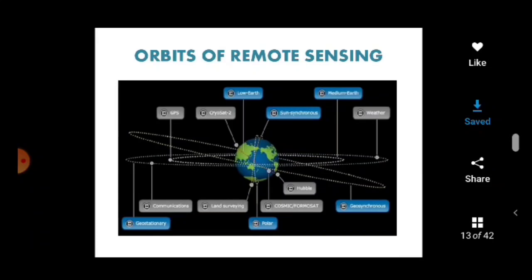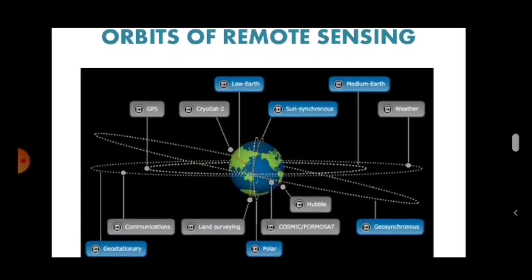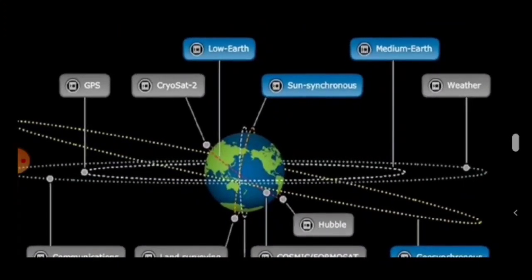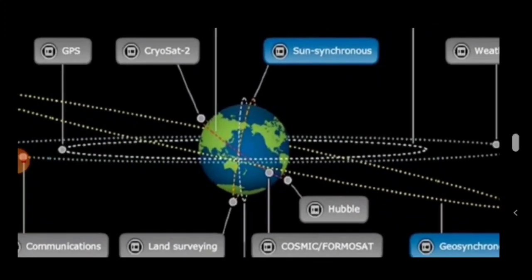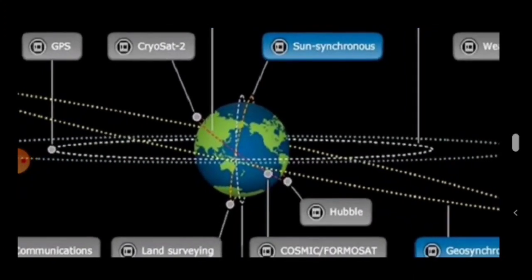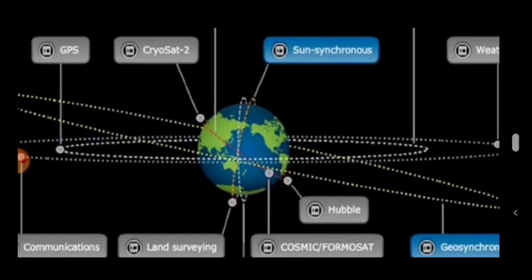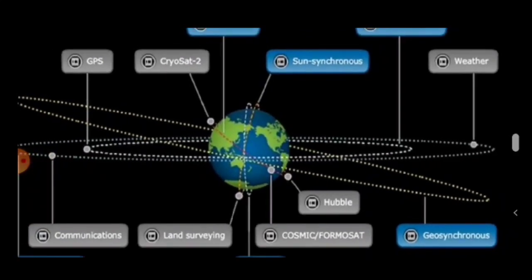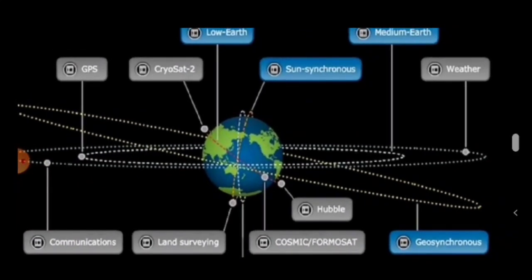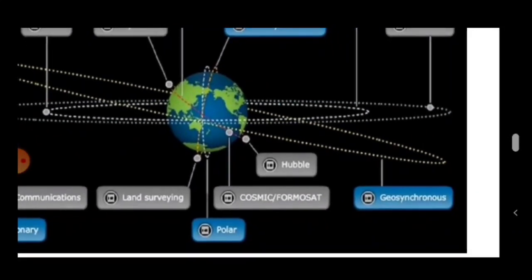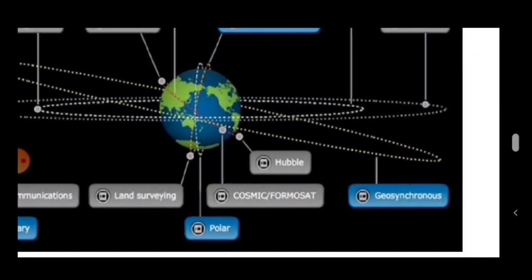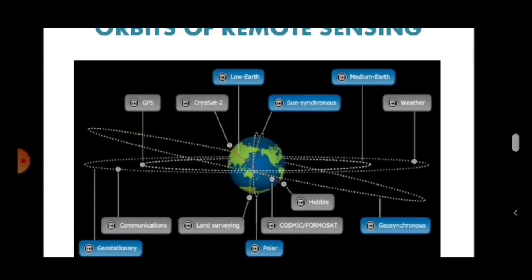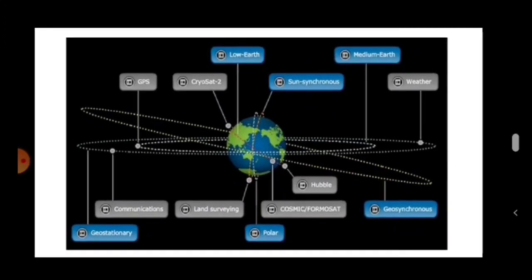When it comes to land surveying and cartography users, we use sun synchronized, lower orbital satellites. When it comes to communication and navigation purposes, we come to geosynchronized satellites. As you see, in weather forecasting we also use geostationary satellites.